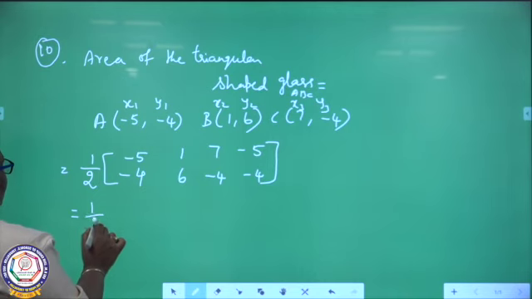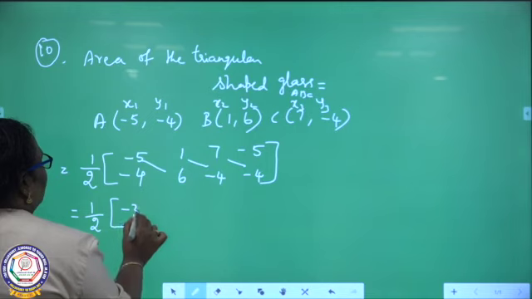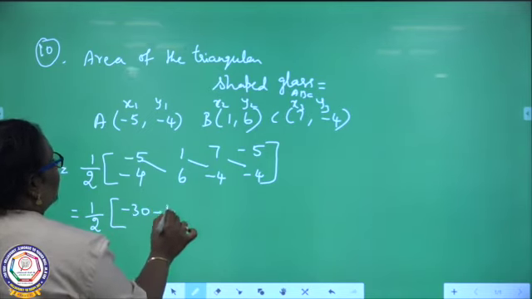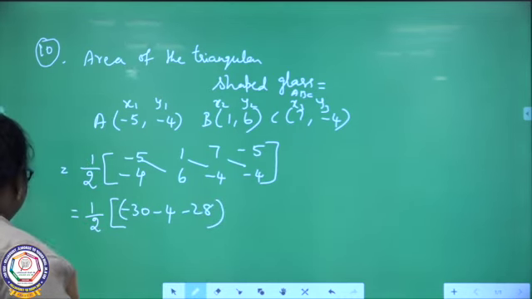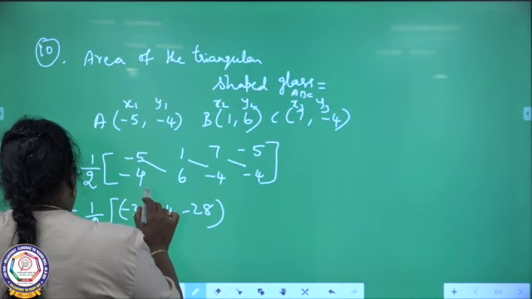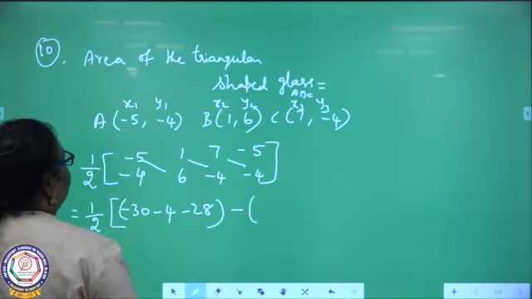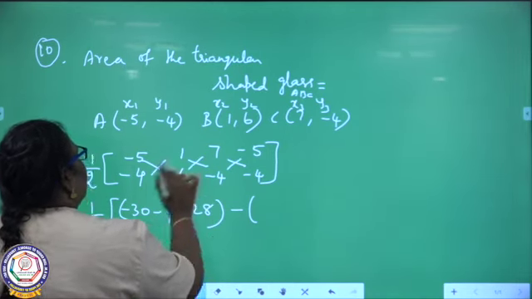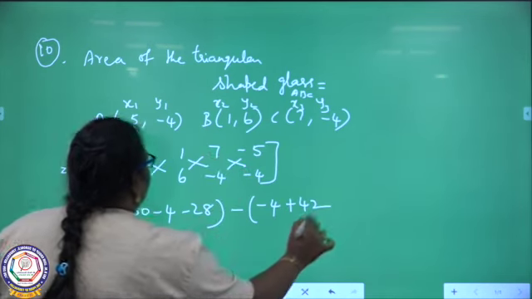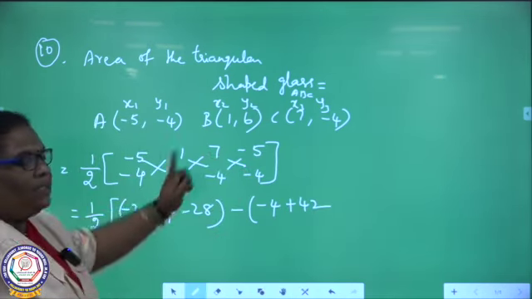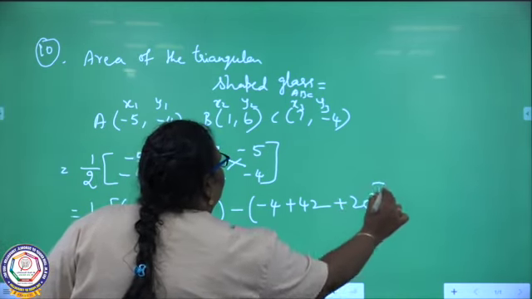So it gives 1 by 2 into cross multiplication: minus 30 minus 4 minus 28, minus of minus 4 plus 42, 6 sevens are 42, plus 20.